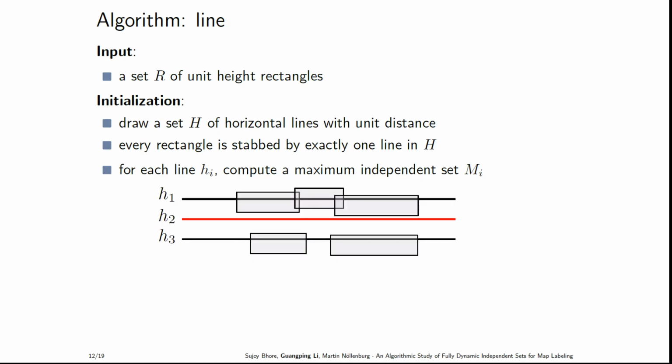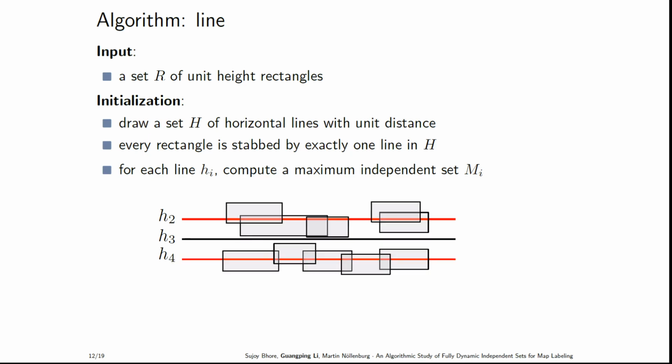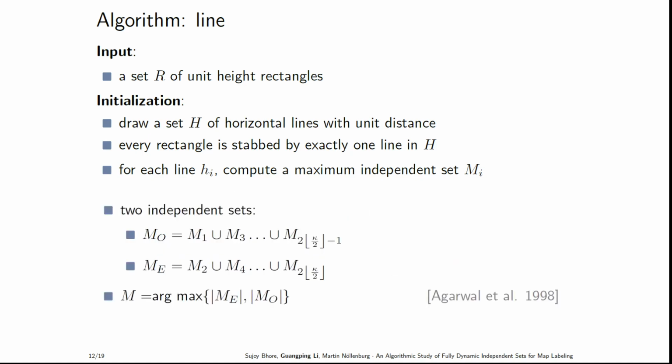And notice here, rectangles stabbed by different odd lines are separated by some even lines, and they are independent of each other. And it's the same for even lines. Thus, we could obtain a 2 approximate maximum independent set by using the algorithm of Agarwal and his group.